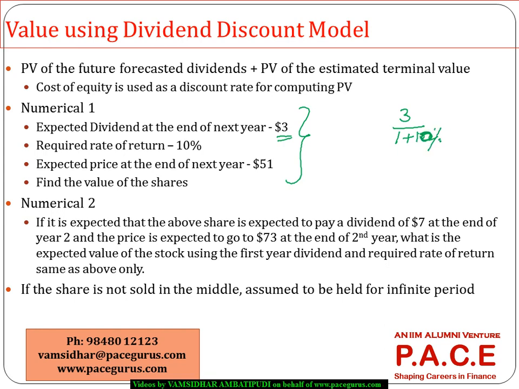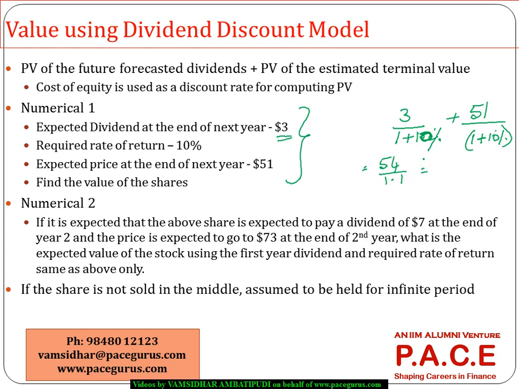Expected price at the end of the next year is 51. Even 51 is at the end of the next 1 year, so even as of today, I have to discount it by 1 year. Find the value of the share. So 54 divided by 1.1, whatever comes out is the value.